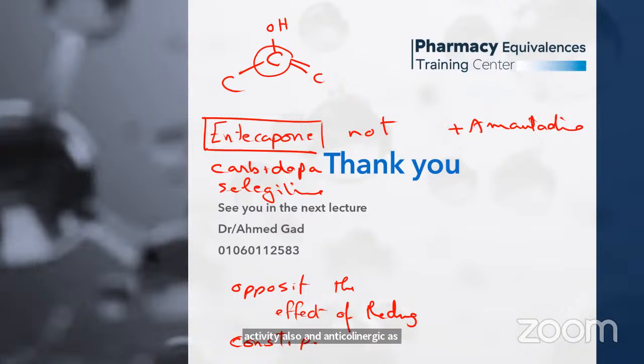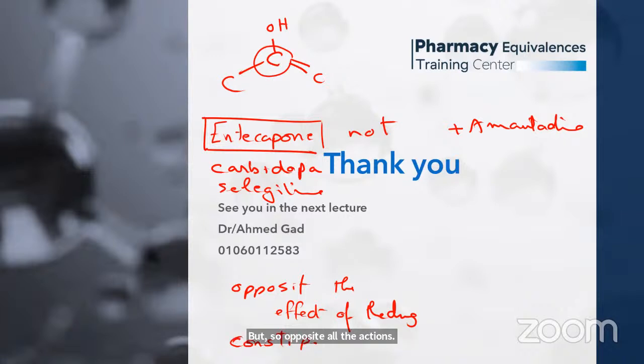Then what is the right answer? Abdominal cramps may happen. Runny nose may happen. Diarrhea may happen. So, opposite all the actions.